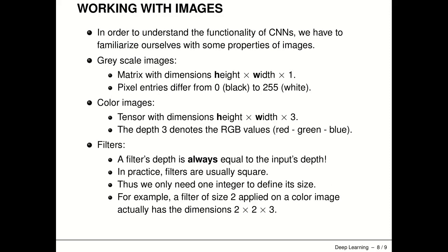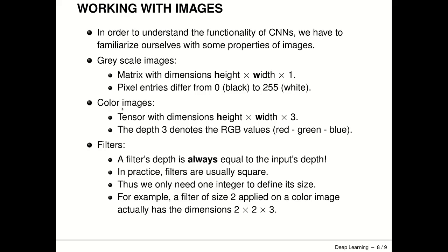Before continuing with this topic, I will introduce you to some basic definitions. Because we are working with images, it's good to know what a grayscale image means. A grayscale image is a matrix with dimensions of height, width, and here we have one as the input channel. The values are between 0 and 255, where 0 is for black and 255 is for white pixels.